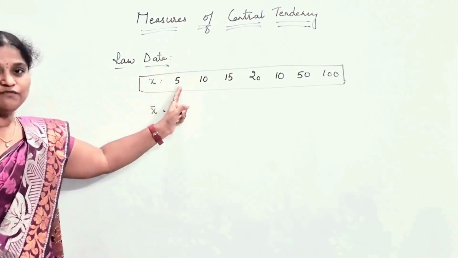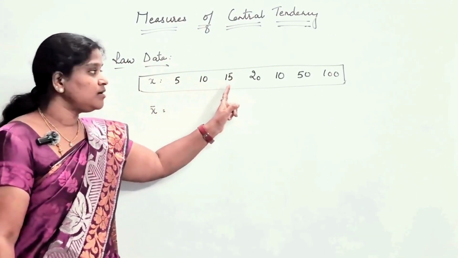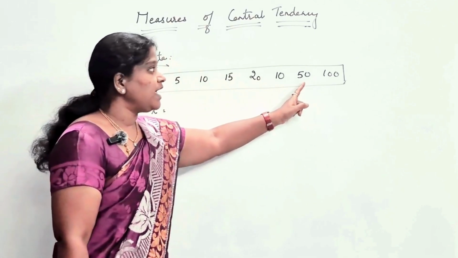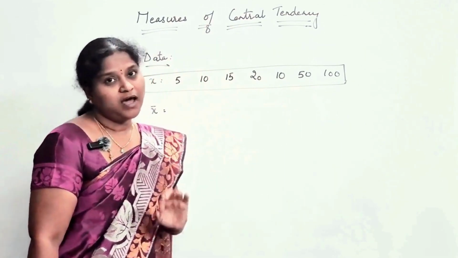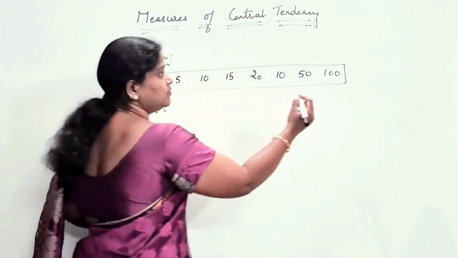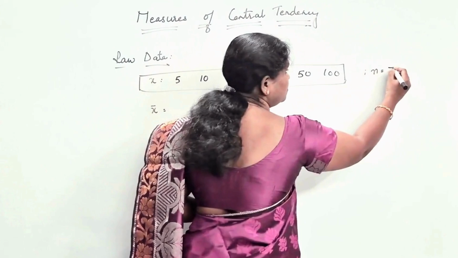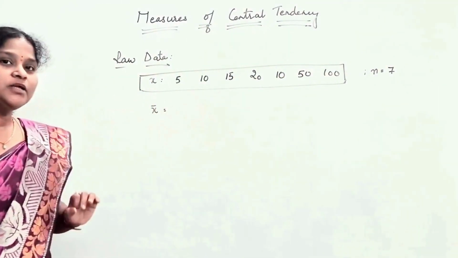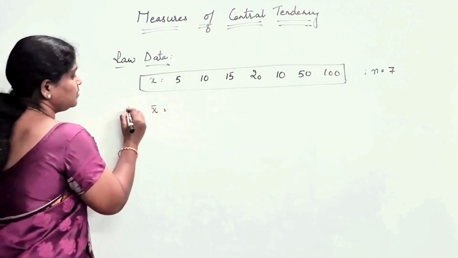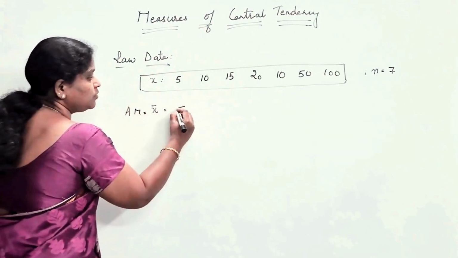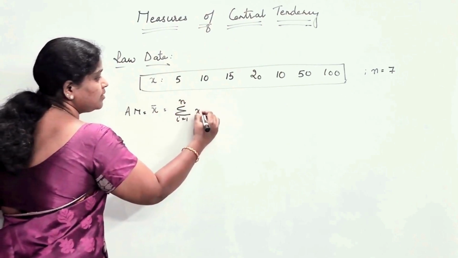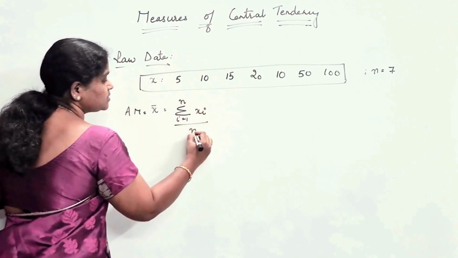So X1 will be 5, X2 is 10, X3 is 15, X4 is 20, X5 is 10, X6 is 50, and X7 is 100. I have the total values as n. So my n is equal to 7. The formula to find out arithmetic mean, which is represented as x bar, is equal to sigma i runs from 1 to n xi by small n.